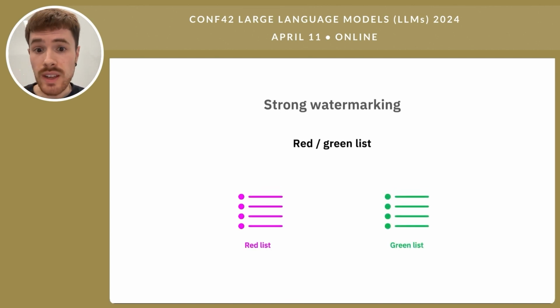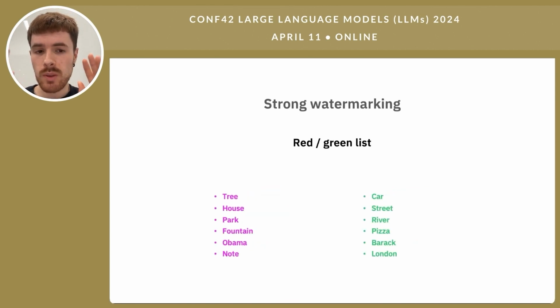To imagine how it works, imagine that I have a dictionary here, and I start highlighting all of the words in the dictionary. The first word is red, the second word is green, the third word is red, the fourth word is green. After doing that with all of the words in the dictionary, I have a notion of which word is red and which word is green, right?